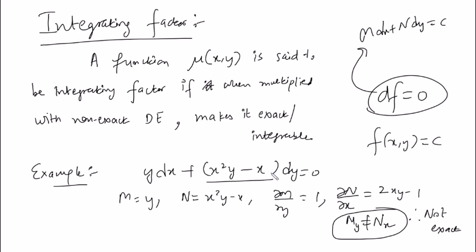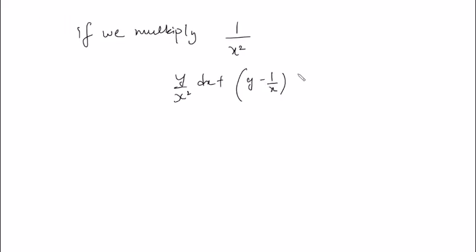So you multiply by 1 by x square, so x square is going to be cancelled. That's y minus x by x square, which will be 1 by x. dy is 0, and obviously on the right hand side it's always going to remain 0. Whatever you multiply with, it remains 0. That's the only reason we are doing it, because on the right hand side we have 0, right?